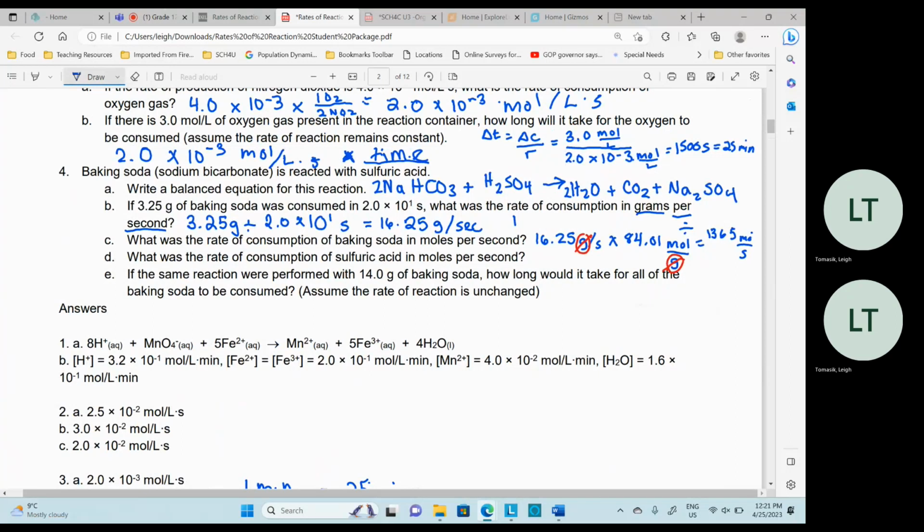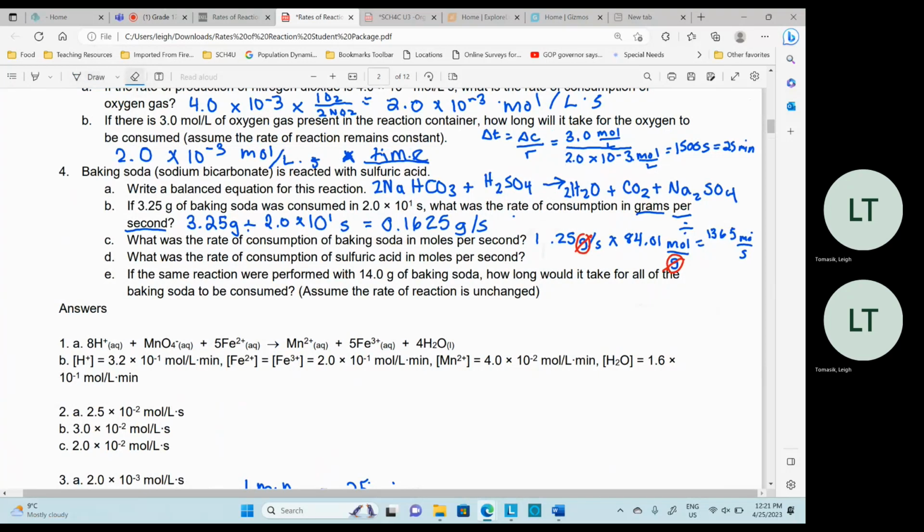So that's where I went wrong. So 3.25 grams in 2.0 times 10 to the 1 is 20 seconds, divided by 20 gives me, okay, yes, I understand now. 0.1625 grams per second.